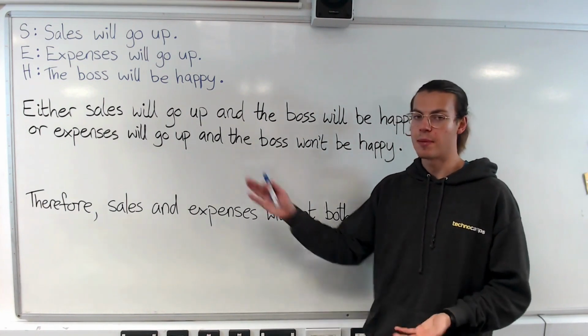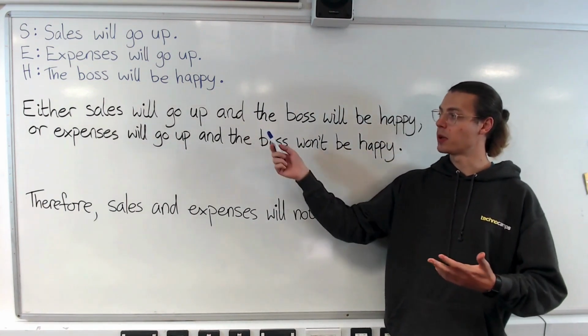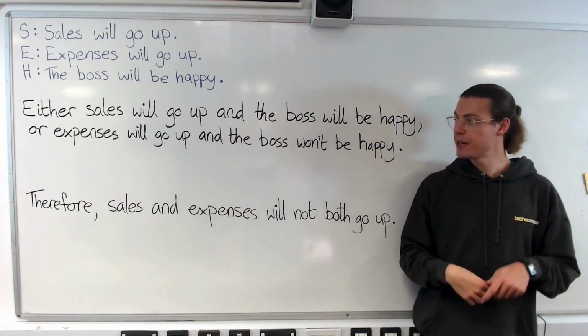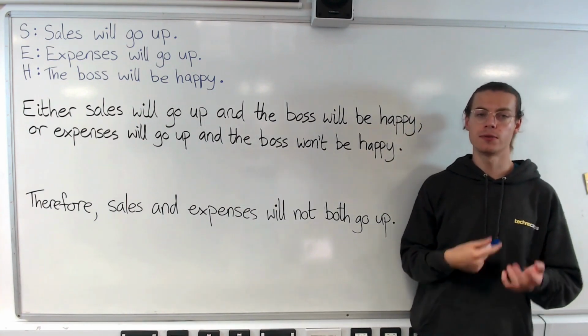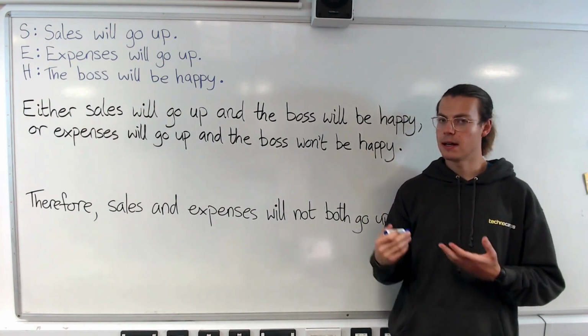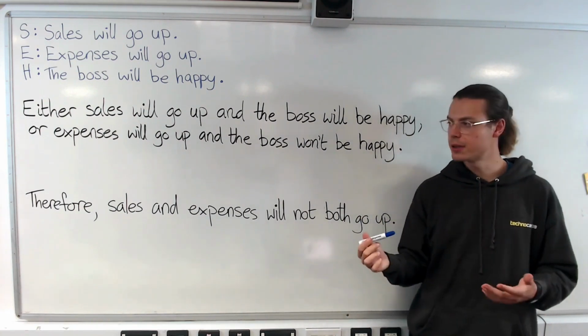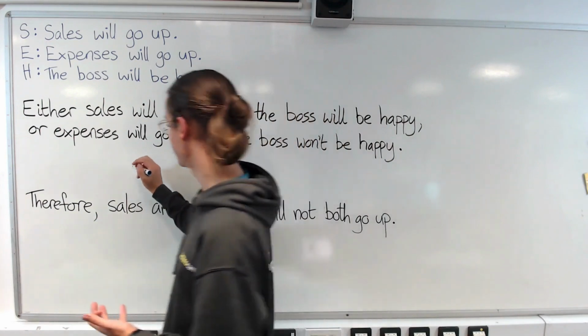Let's look at the premise of this argument. Either sales will go up and the boss will be happy, or expenses will go up and the boss won't be happy. Okay, now this is an either or statement, so it's something or something else.